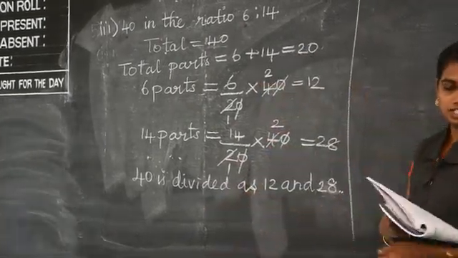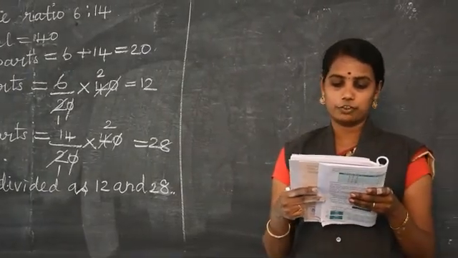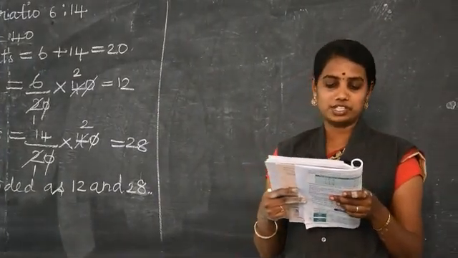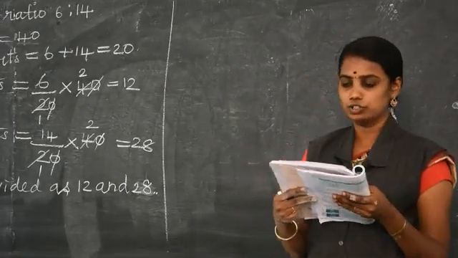Listen to the next question, same method. In your family, the amount spent in a month for buying provisions and vegetables. Okay, provisions and vegetables are in the ratio 3:2.